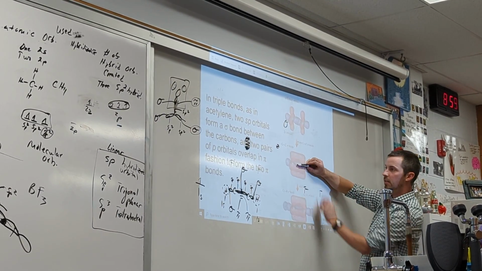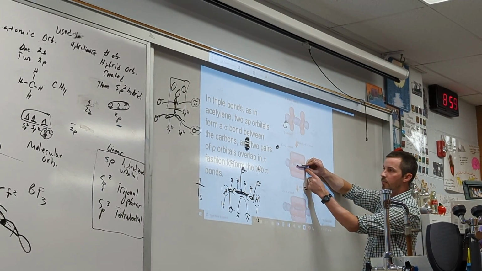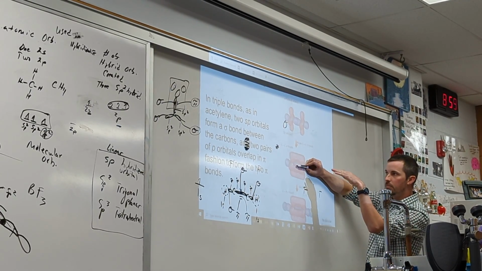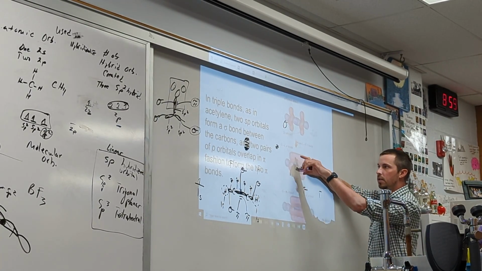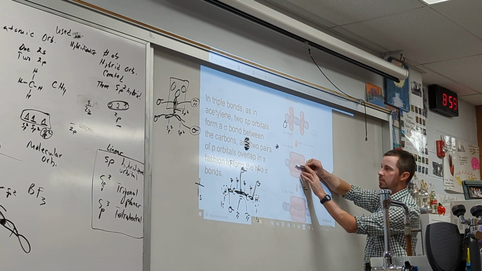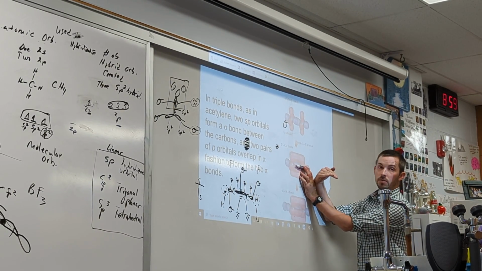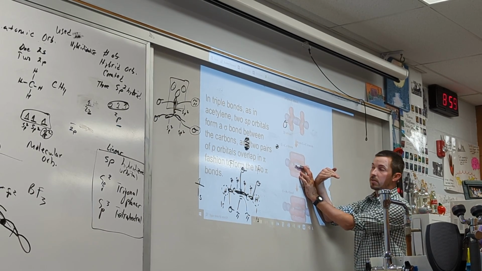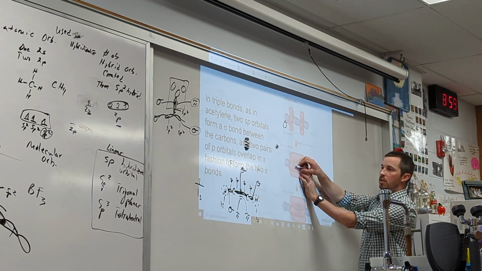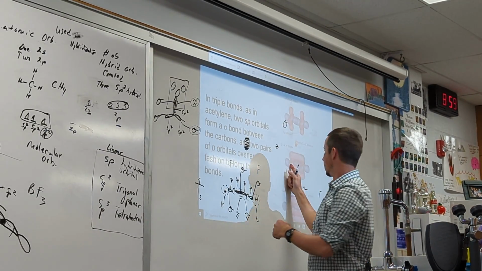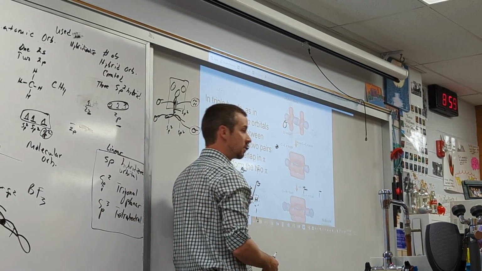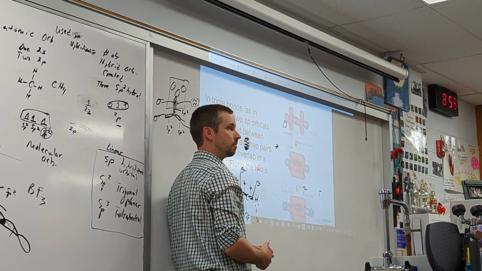This area is going back and forth into the board, and this area is going up and down. So if this is the axis, up and down is a 90-degree angle, and in front of you is also a 90-degree angle with the internuclear axis. So each of those bonds that occur perpendicular to the axis is a pi bond.